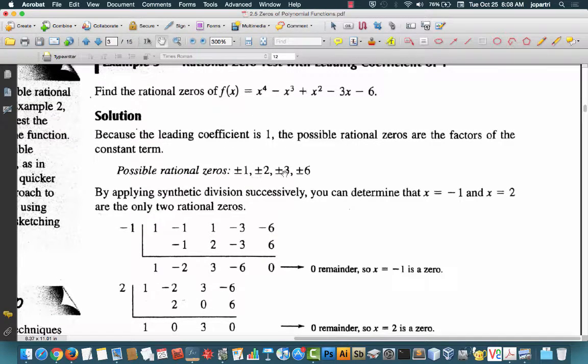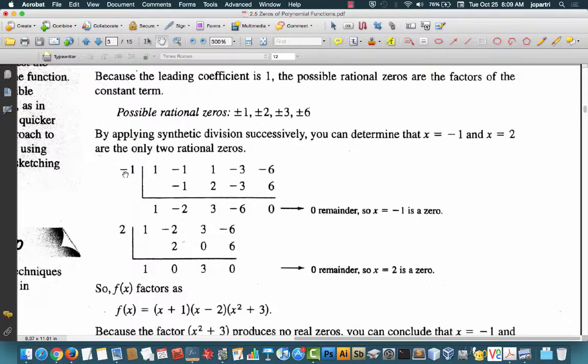So this is a list of possible zeros. That doesn't mean that all of these will be 0. So if you plug these numbers into the function, that doesn't mean that all of them you'll get 0. It just means that if the function has rational zeros at all, then they've got to be in this list. And the way that we go about finding out which ones are zeros is we use synthetic division.